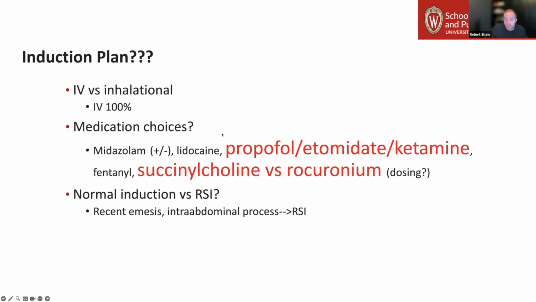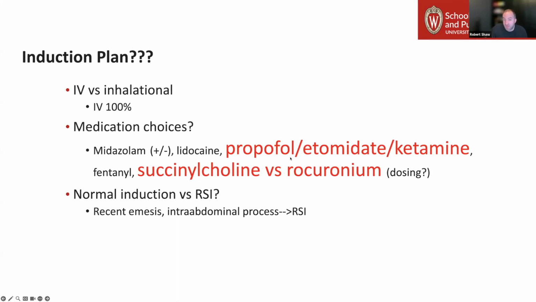Choices of medications: the red and big lettered medications are the ones we're going to touch on today. Plus or minus a premedication with midazolam, a benzodiazepine. Many of us would give some lidocaine prior to induction or as a part of our induction. Any choice of induction agent here, propofol, etomidate, ketamine, they all have their pros and cons.